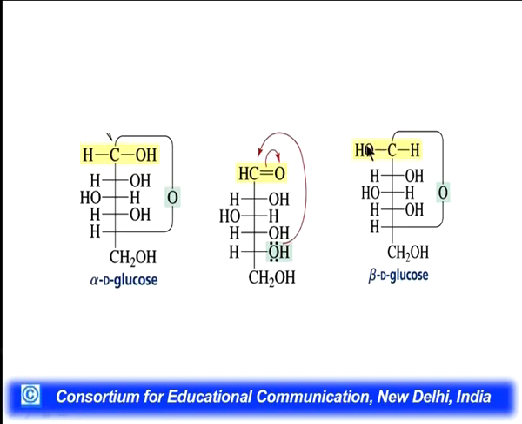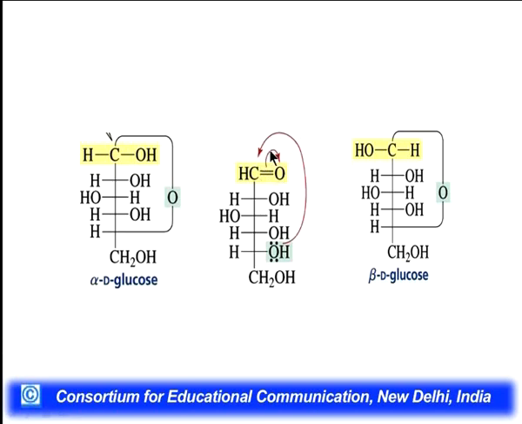And then next, what we find is, initially we had a double bond between carbon and oxygen, so we know that the structure here is planar. Now when this oxygen makes a bond with this carbon, it can attack this carbonyl carbon either from the upper face or from the lower face, or I can say it can react from the right hand side or from the left hand side.